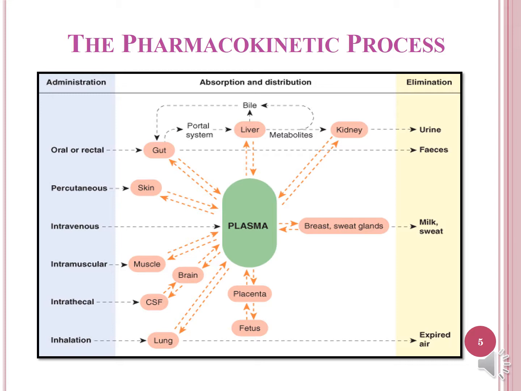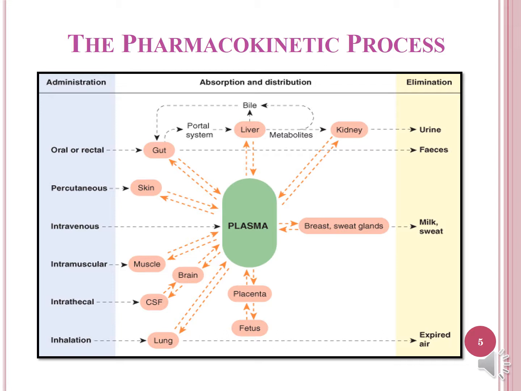If it is oral or rectal, the drug is put into the gut, and then it is interchanged with the plasma, and as I explained, if the free drug is there, it will produce its action. If not, it will go through the liver or circulation, where it could get metabolized, and then pass through the kidney, and get eliminated.